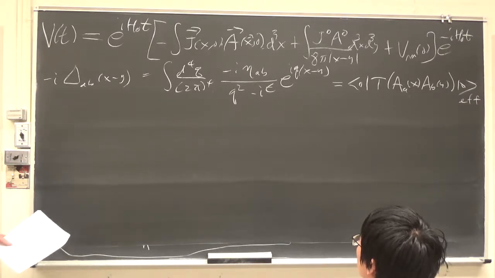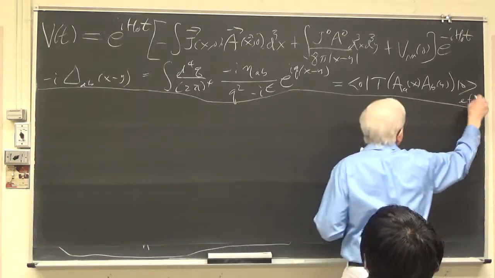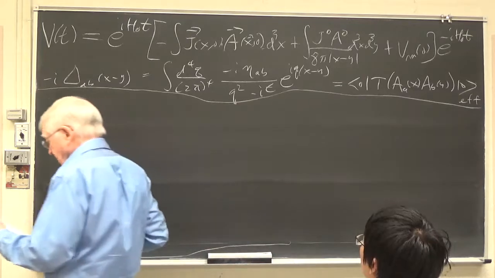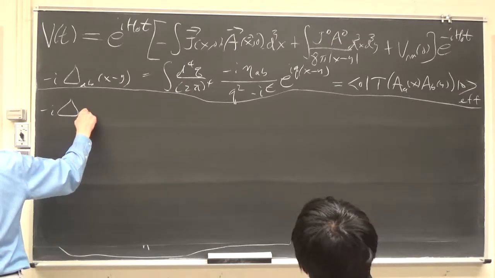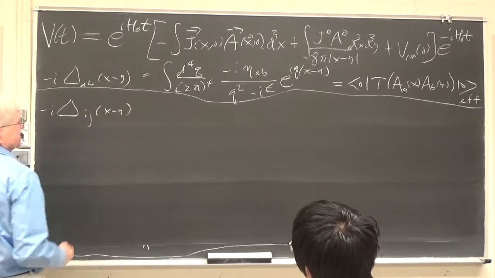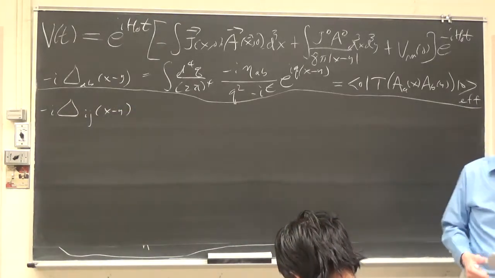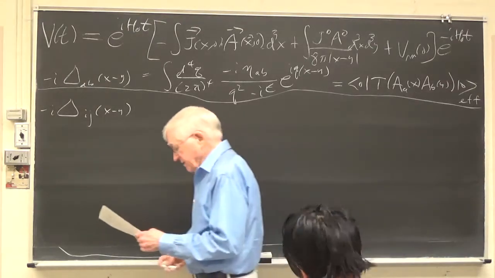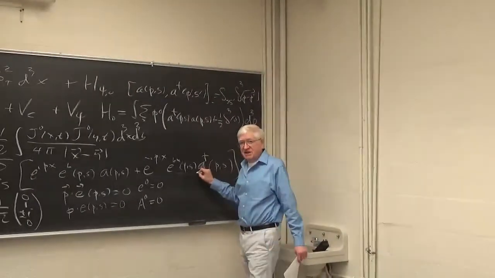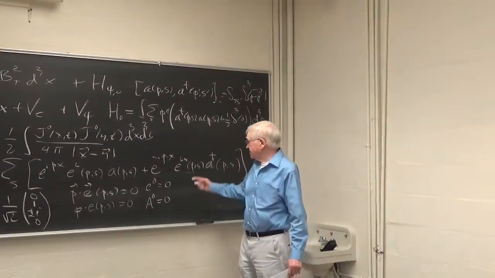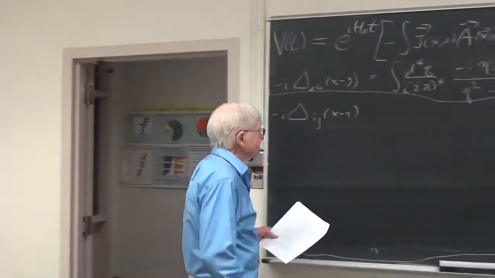Okay, so let's now compute this. Starting from here, basically. And what we'll get then is minus I delta, well, Ij of x minus y, because after all, the electromagnetic field in Coulomb gauge has no time component. And if we use our formula for the electromagnetic field, namely this expression over here, we see that for b equal to 0, it's 0, so we're just dealing with space components.